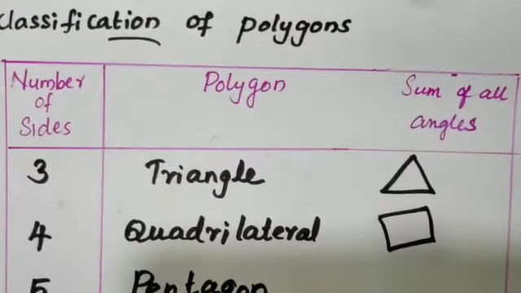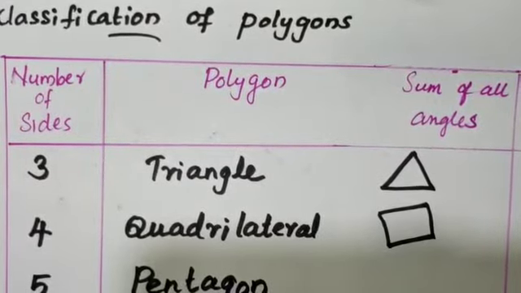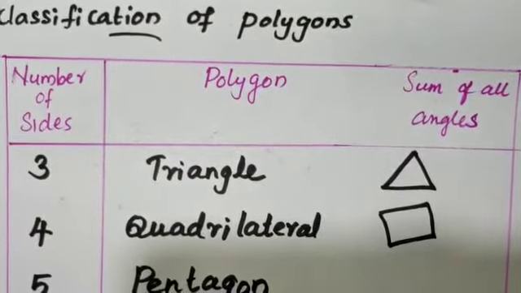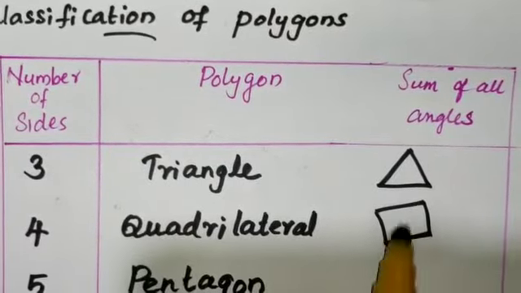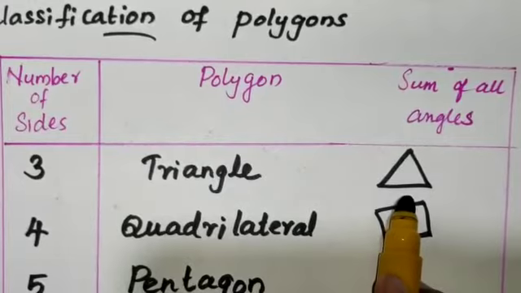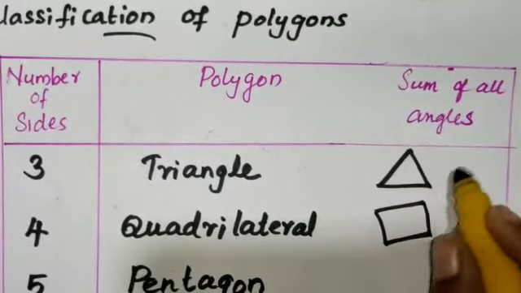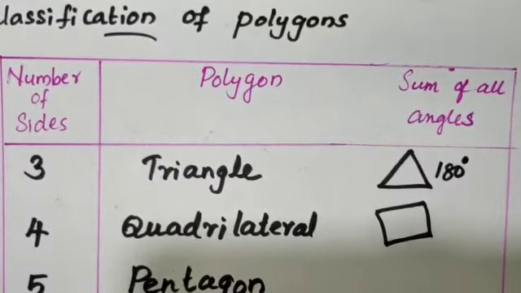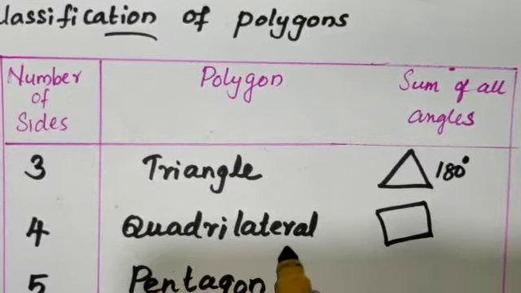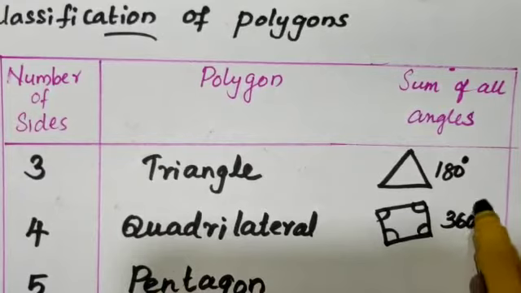Okay children, do you remember the angle sum property of a triangle? What is the sum of all angles in a triangle? The sum of all angles in a triangle is 180 degrees, isn't it? And what about quadrilaterals? The sum of all angles is 360 degrees.